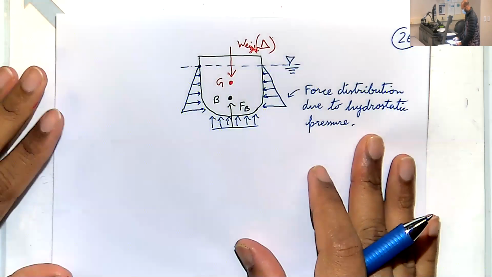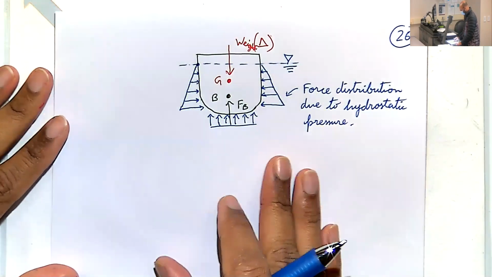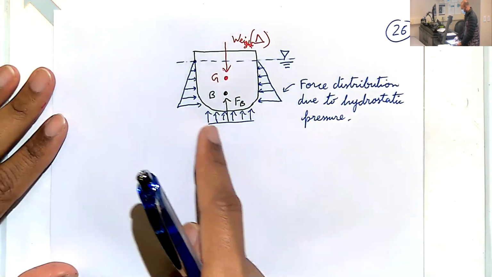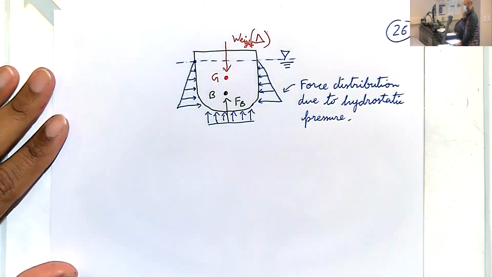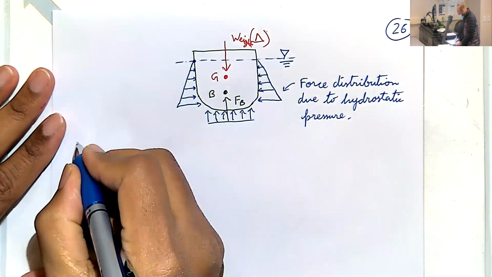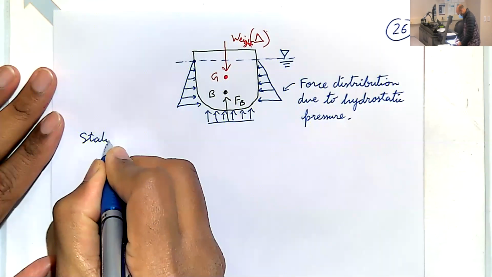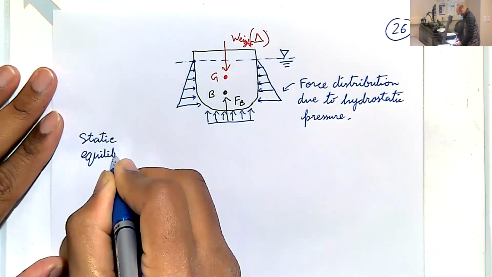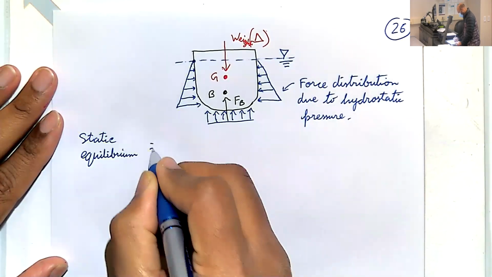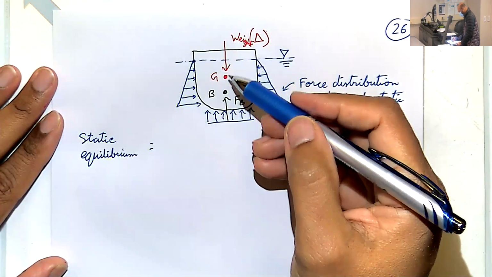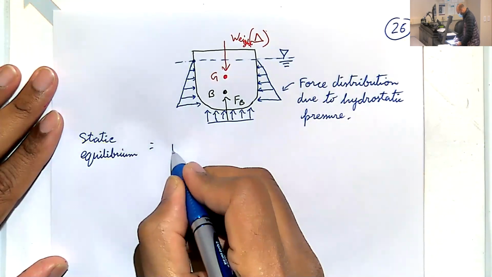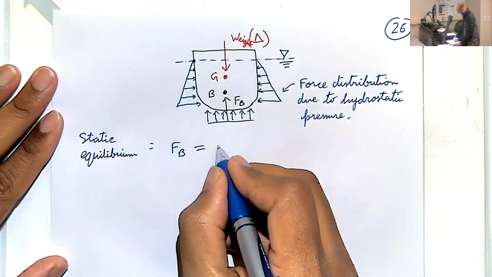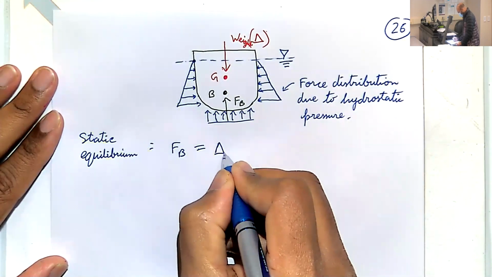All right. So that's a very basic picture of the forces acting on the hull. At static equilibrium, we know that the resultant force has to be 0. So the buoyant force is exactly equal to the displacement.